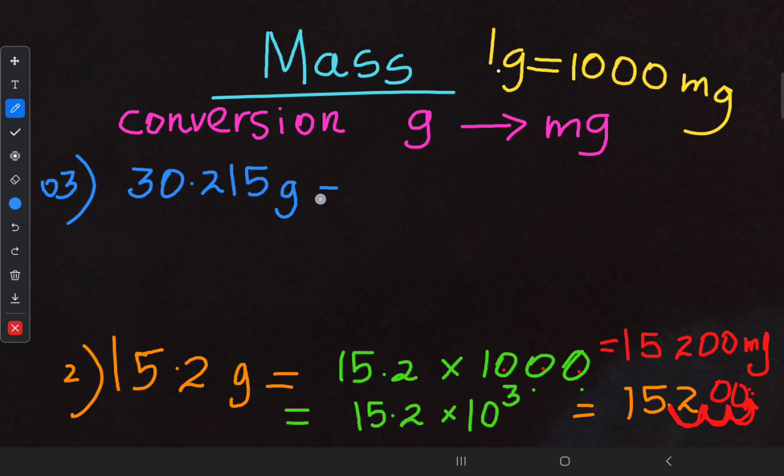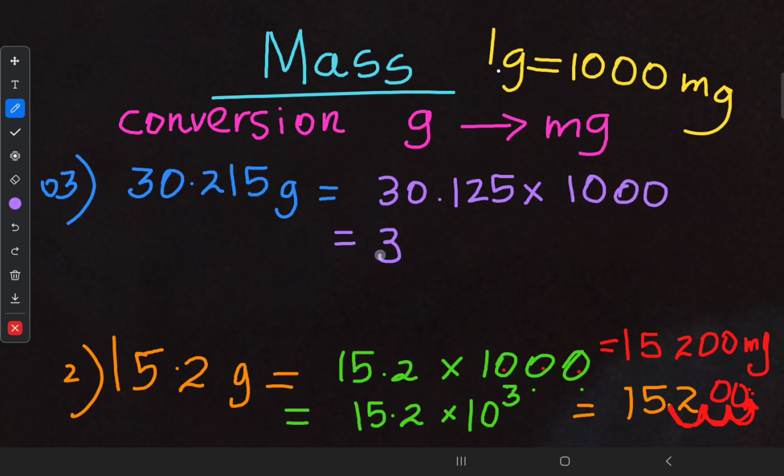Next question is 30.125 grams to milligrams. We are going to convert grams to milligrams. What do we need to do? We have to multiply this by 1000, which we can represent as 10 to the power of 3.